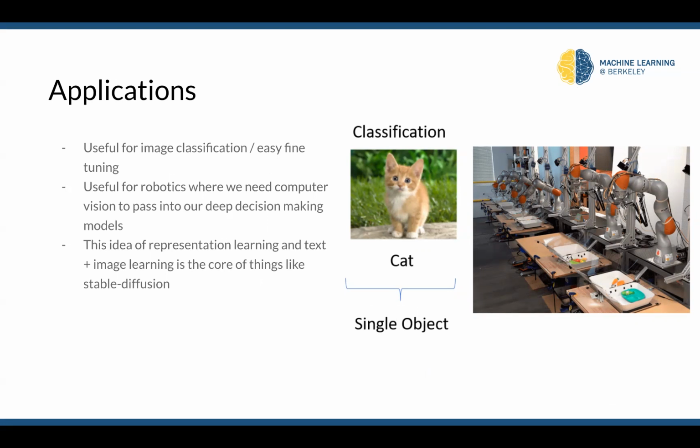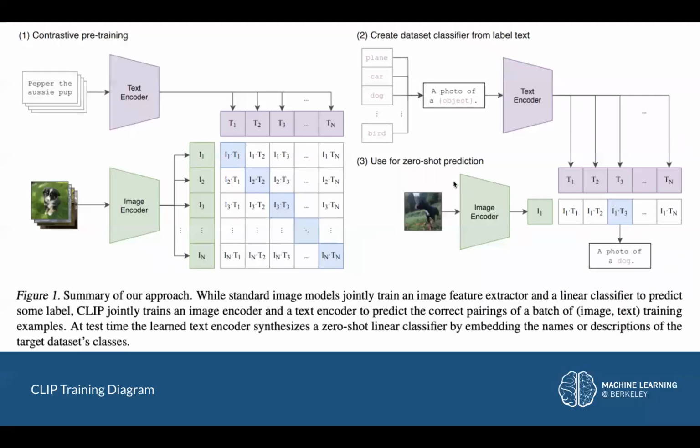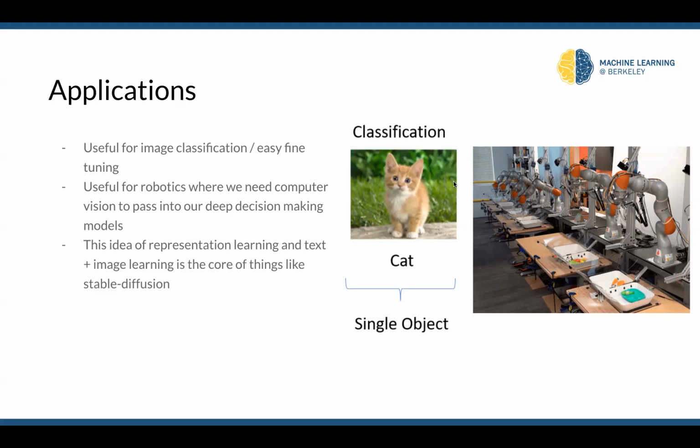And CLIP latents are very useful there. If you don't want to have to learn an entirely new vision model from scratch, you can just take CLIP latents, just this frozen image encoder, and use it out of the box and pass these CLIP latents into your decision-making network, and it actually works.